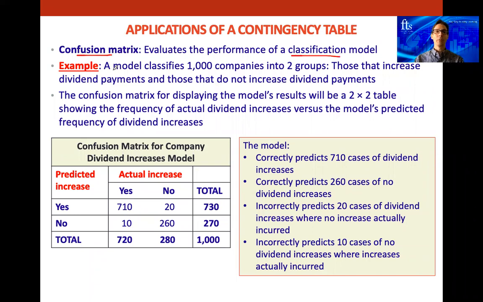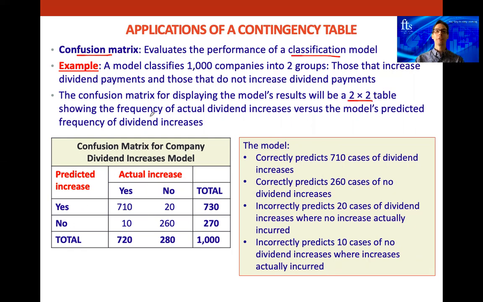So we've got this little example here. We've got a model that classifies 1,000 companies into two groups, those that increase their dividend payments and those that do not increase their dividend payments. So this confusion matrix for displaying the model's results is just going to be a 2 by 2 table, like we'll see over there.